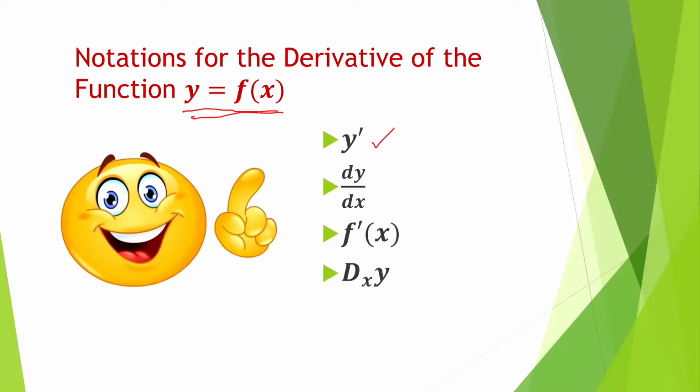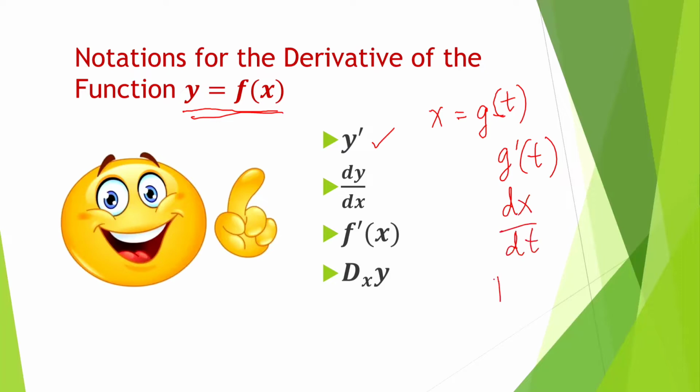Then it can also be like this. If we are given, for example, g of t, and this is our function, its derivative can be g prime of t. And if this is the function x, that will be dx over dt, or the derivative of the function x with respect to t. That's all there is to it.